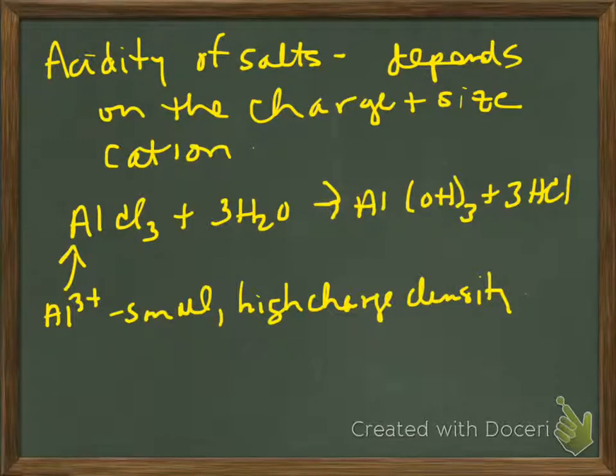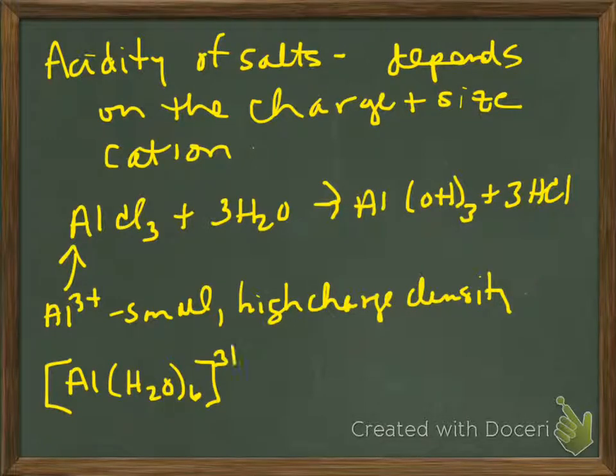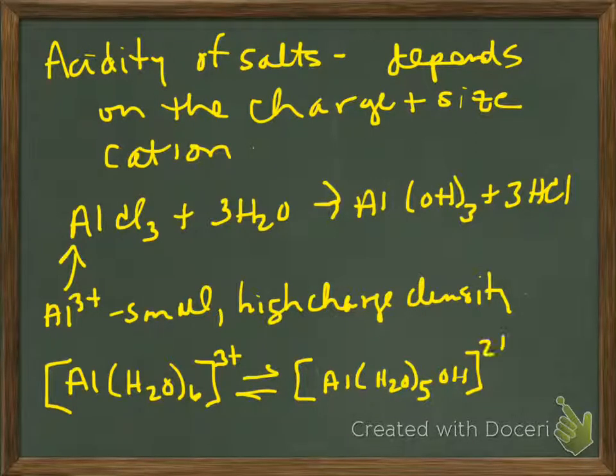You may or may not remember that this aluminum is really going to form the complex ion, and that complex ion is going to set up an equilibrium where it dissociates and sets up successive ones with more hydroniums being liberated into solution.